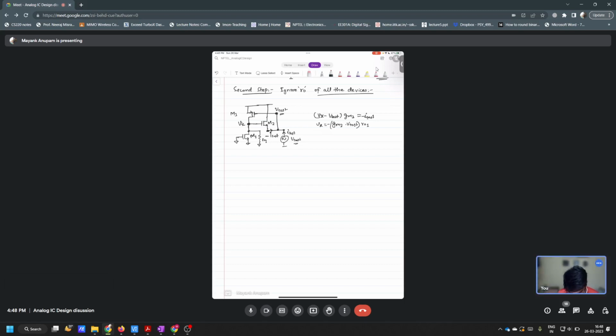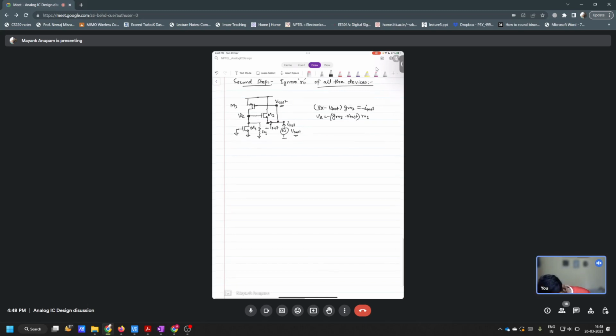So now let's put it here. So what will you get? Vx, so this will be minus Gm3 times RO1, and minus 1 times Gm2 times V test, correct? Is equal to minus I test, right?